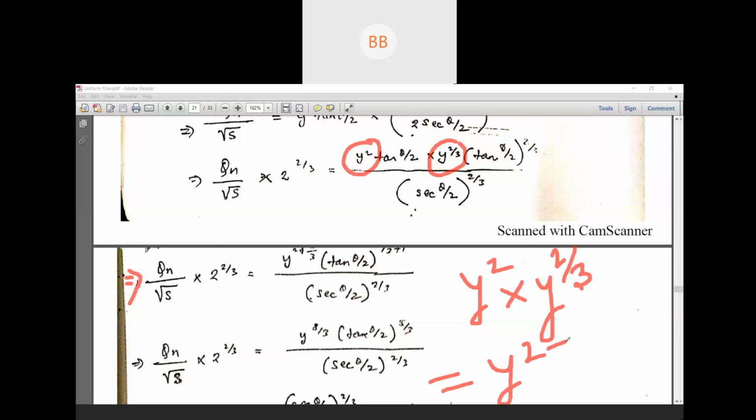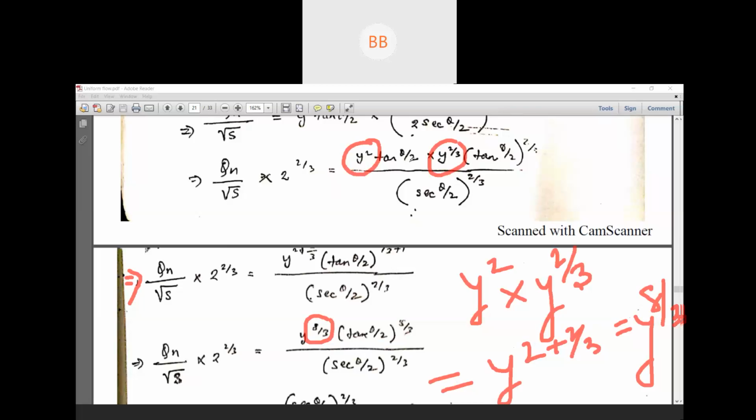We have to add 2 plus 2 by 3 is equal to y to the power 8 by 3. So that is why we have the addition. We can see this y to the power 8 by 3.